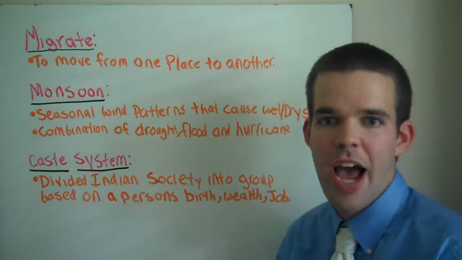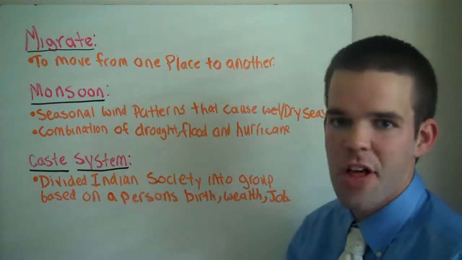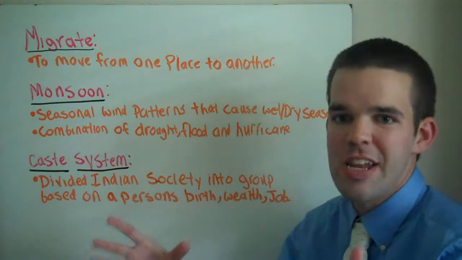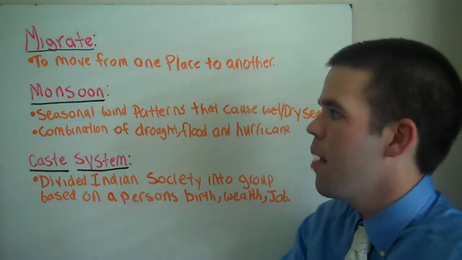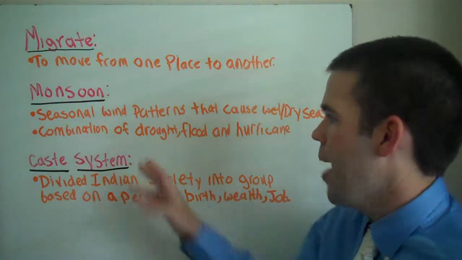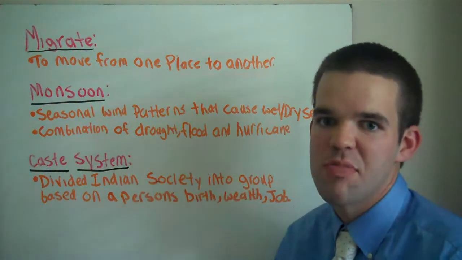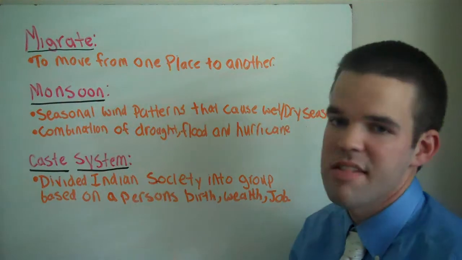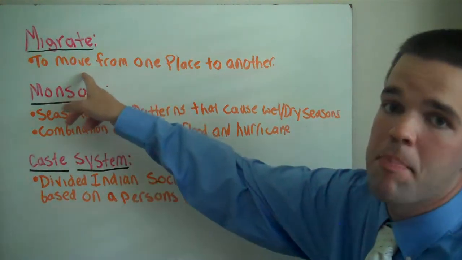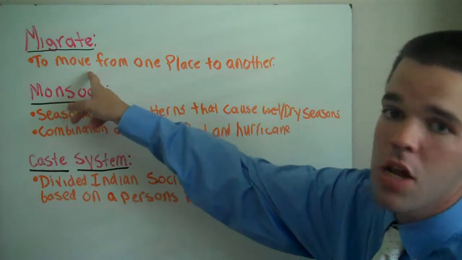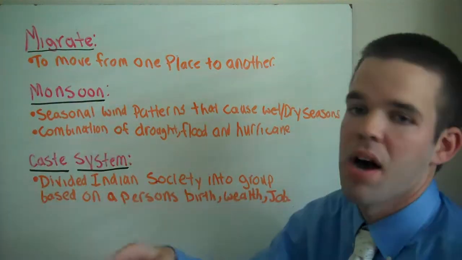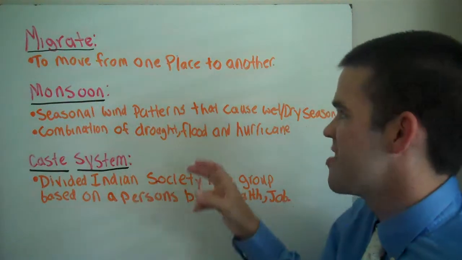The first one is a drought. The second one is a flood. And the third one, the trifecta, a hurricane. All put into one storm over a span of a month. Imagine all 3 of these happening over a span of a month to 2 months. It is not good. That's one of the main reasons why people on the Indian subcontinent try to migrate, to get away from monsoon and the monsoon season that is known as.